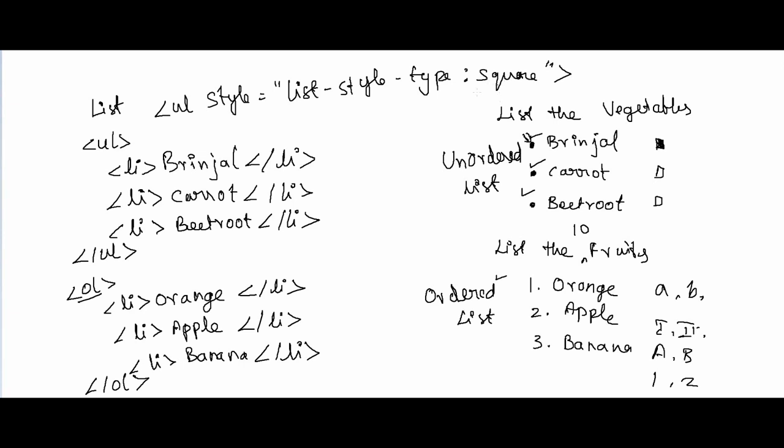Similarly we can give a link here also. Same like that we can use it for OL also. OL style is equal to list-style-type colon Roman. So this is listed like Roman numbers.